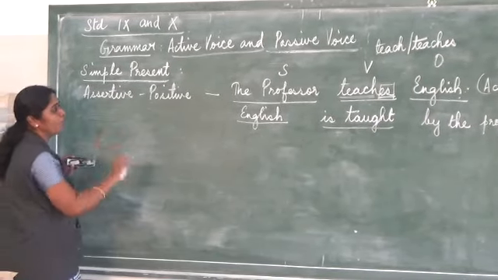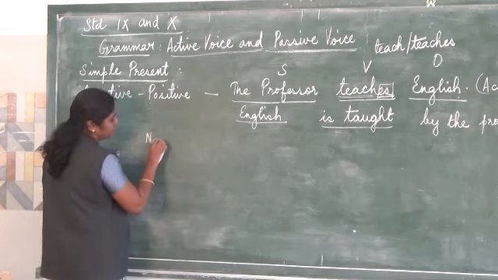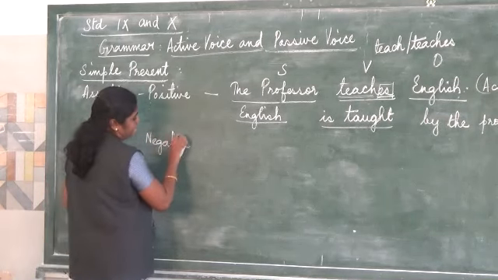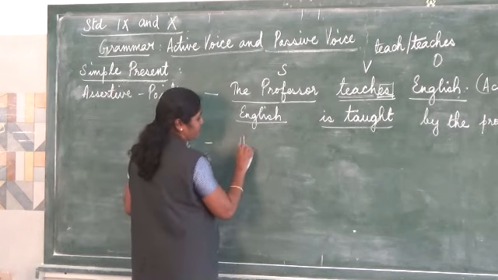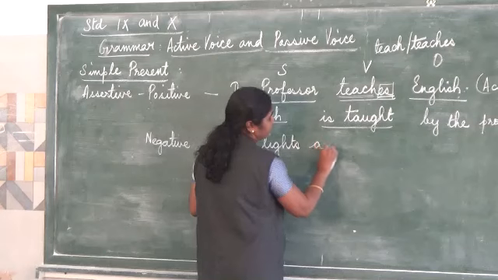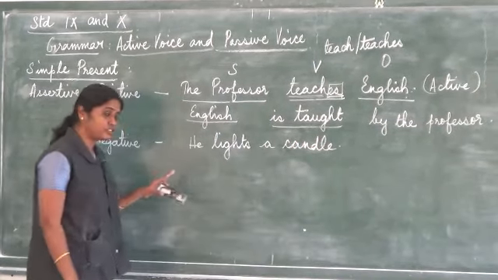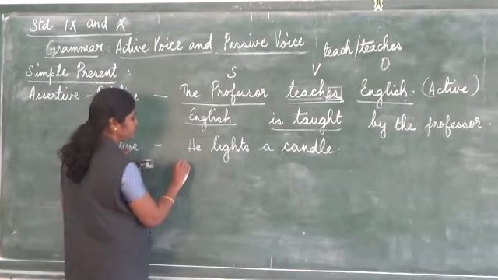Now what about negative sentences? I'll give you an example for a negative sentence. He lights a candle. This will usually be the sentence in the positive form. Now what is the negative form of this sentence?